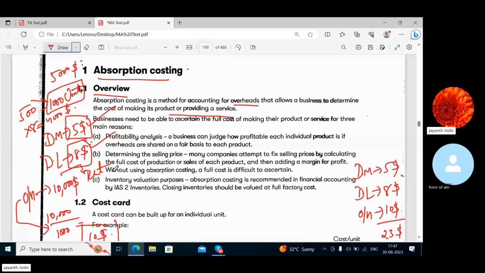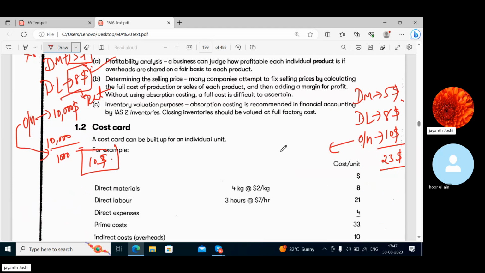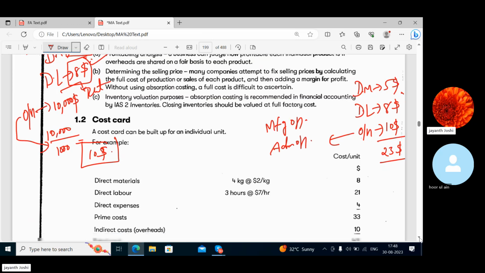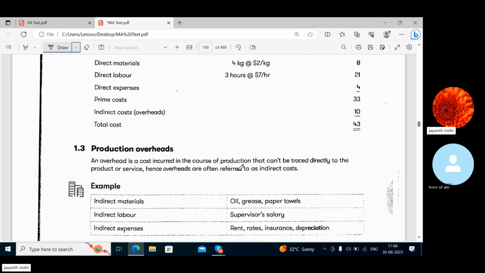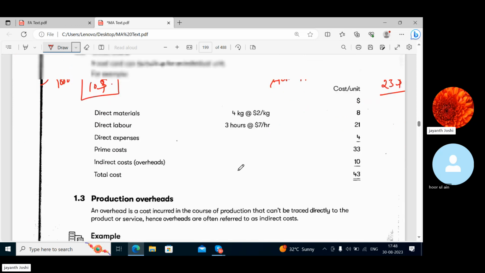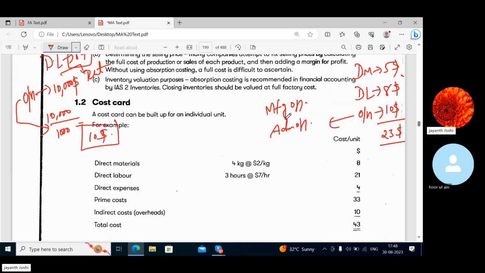Now let's go ahead. Let's see in detail what this is. Businesses need to be able to ascertain the full cost of making their product. I just left over here these overheads; I did not specify. So overheads can be manufacturing overheads, they can be administrative overheads. But for making the product, you will be considering manufacturing overheads, not administrative overheads.